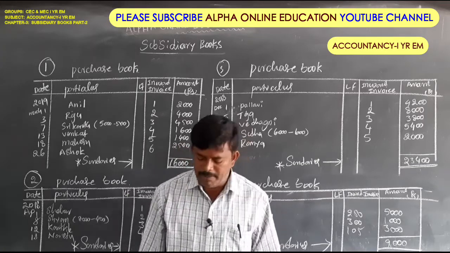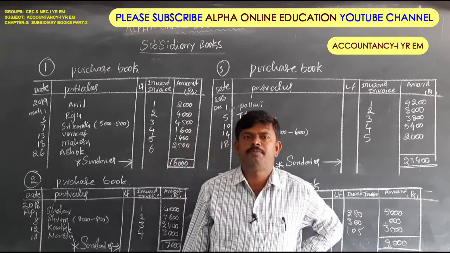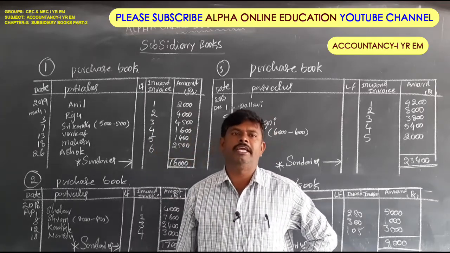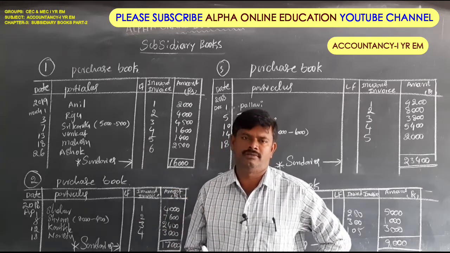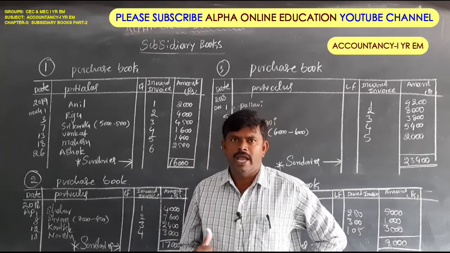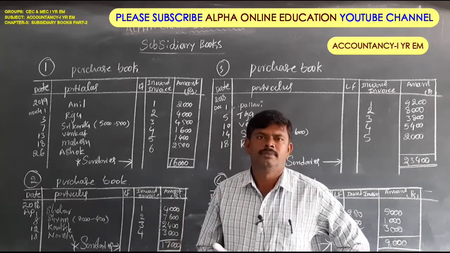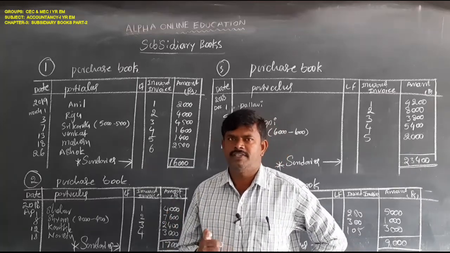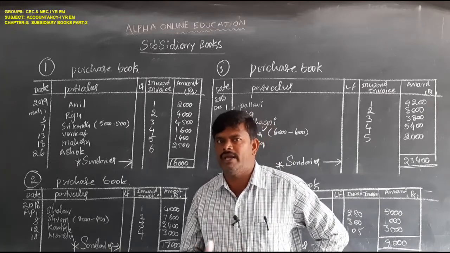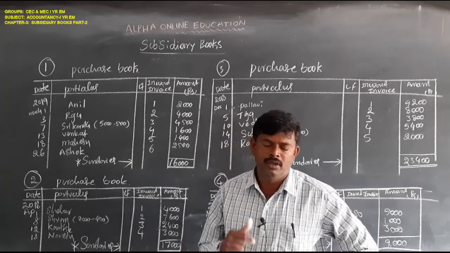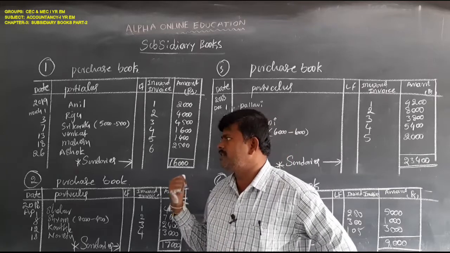Simply remember one thing: goods purchased on credit basis will be taken into the purchase book only. Cash purchase of goods is not taken into the purchase book, and assets purchased on cash basis or credit basis, whatever it may be, are not taken into the purchase book.